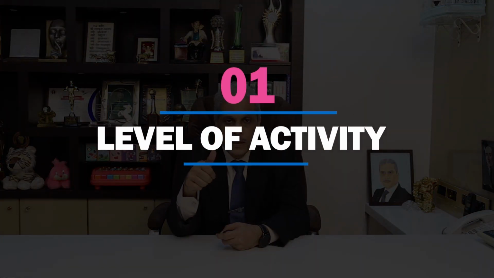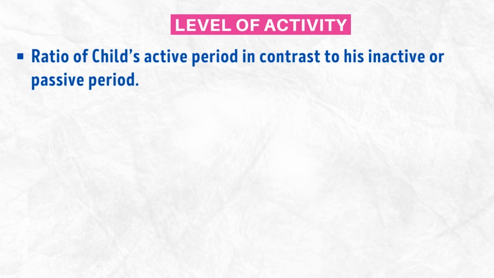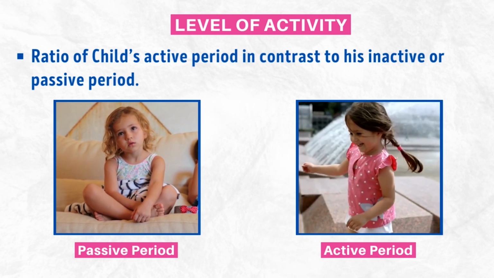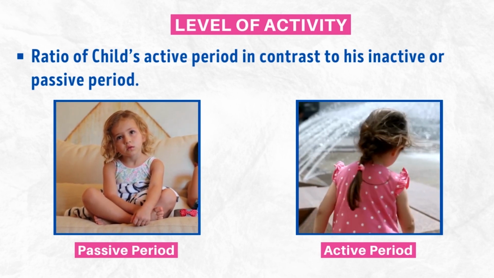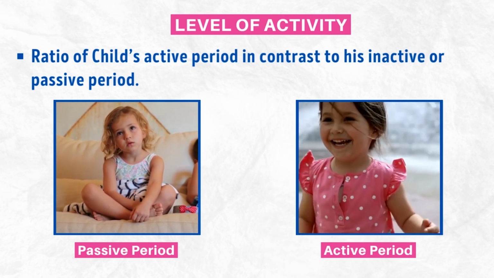So the first point is the level of activity. What do you mean by level of activity? We try to see the ratio of the child being physically very active to being physically very passive. So you see whether overall the child is physically more hyperactive compared to his normal activity, or is less active in his daily routine.